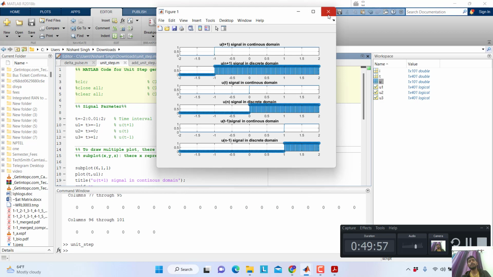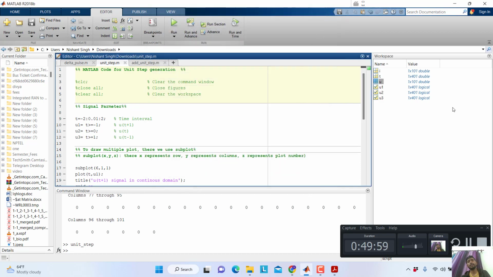So it is also taking the previous values. It also stores the previous values in the workspace. Because we are not using the basic commands, we are getting the data of the previous code in the command window.